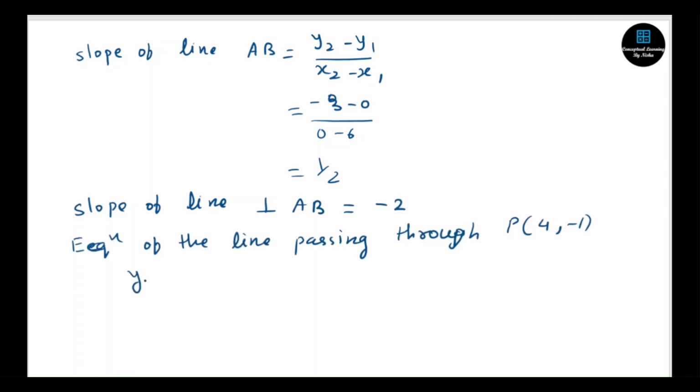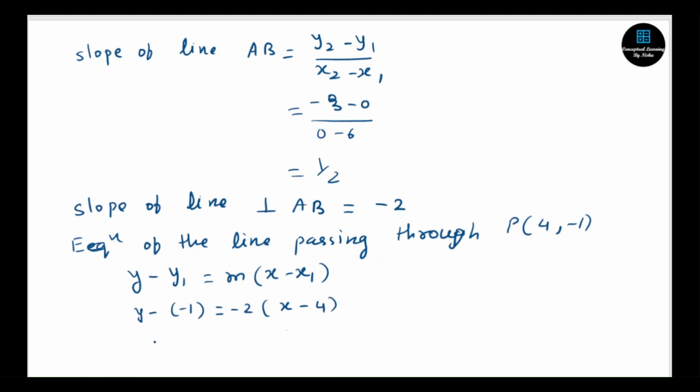So that is nothing but y minus y1 equals m into x minus x1. And now what do we get? y minus 1 is equal to minus 2 into x minus 4.